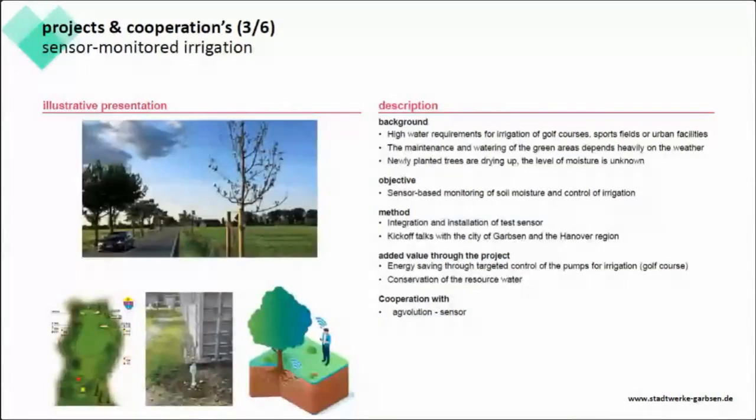The next project is a really current one. We have dealt with moisture sensors for some months, and a few weeks ago the newspaper reported about trees that were planted 1 year ago and have now dried out because of too little water.